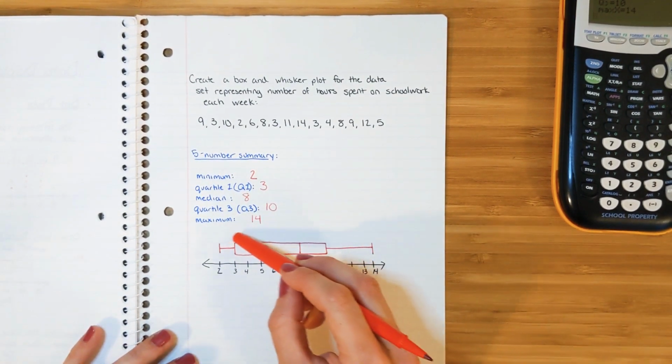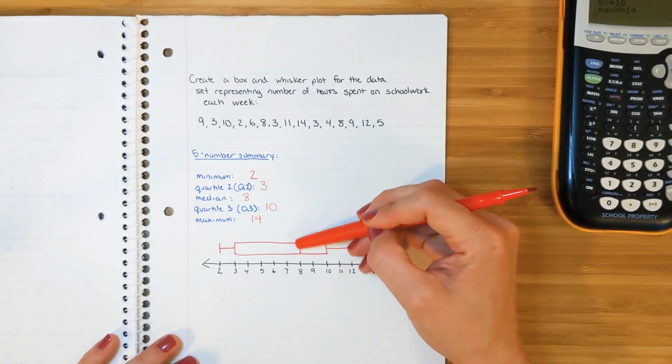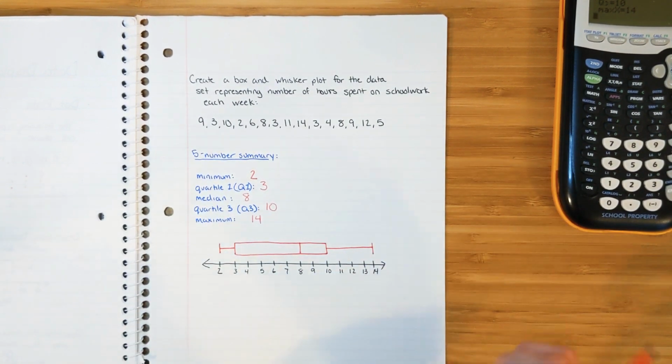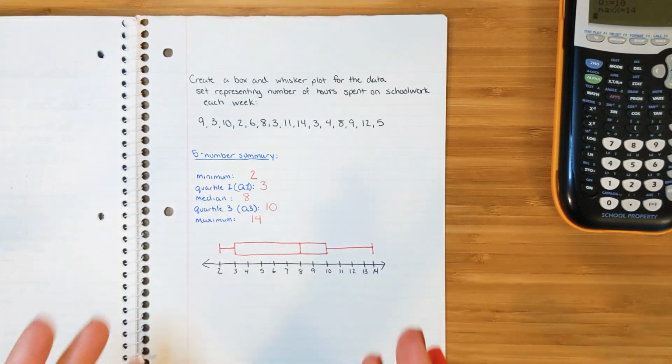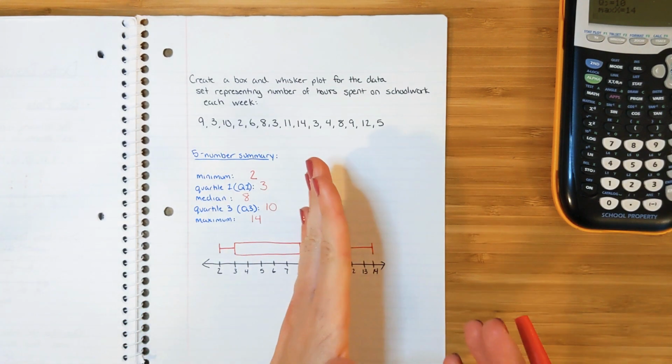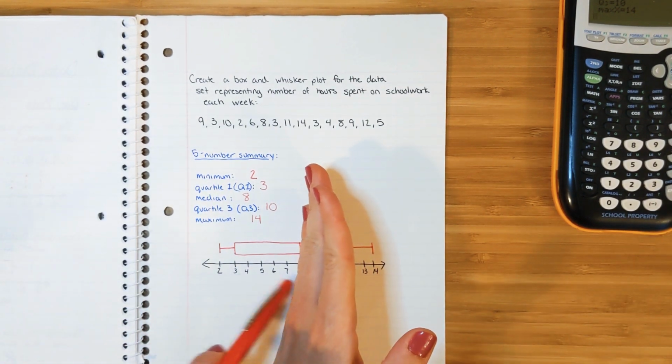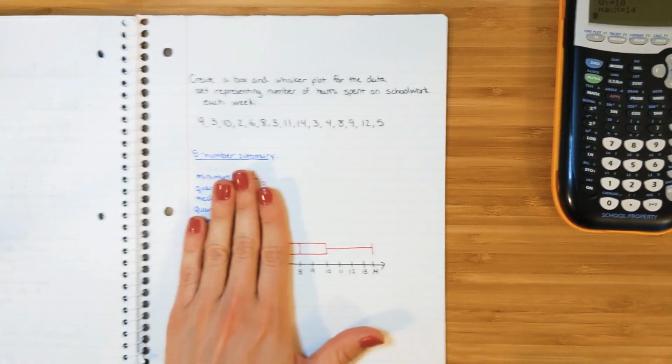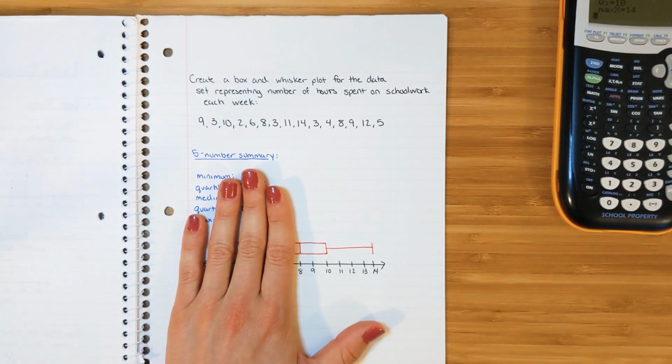So I've created my box. Here's my median, and here are my whiskers on the outside. Okay, now that I see this visually, I can tell that half of my students spend less than 8 hours on homework. Half of them spend more than 8 hours of homework.